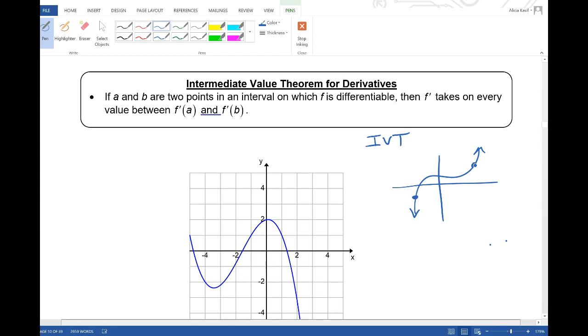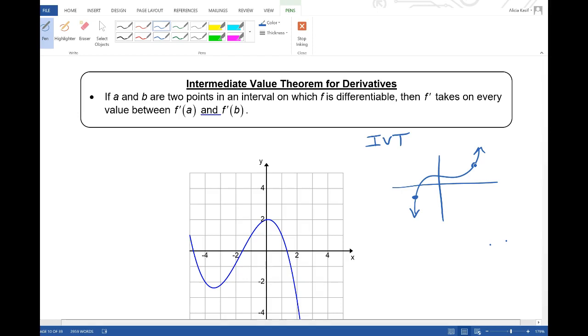So for example, if f of a is -2 and f of b equals 3, then at some point in between, it's got to equal 0. It's got to cross the x-axis. We went over it briefly. It's something we'll see a lot more later on when we get into some of our multiple choice questions.